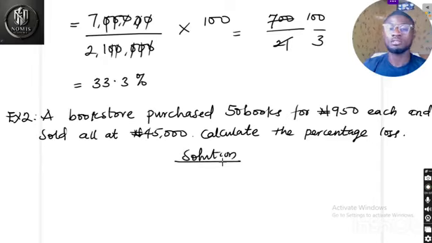In this case, the selling price is given, while the cost price is not given directly. So we need to find the total cost price, then find the loss, and then find the percentage loss.